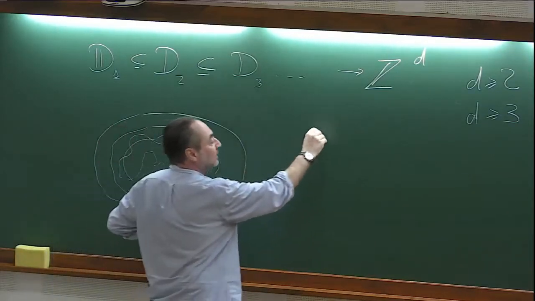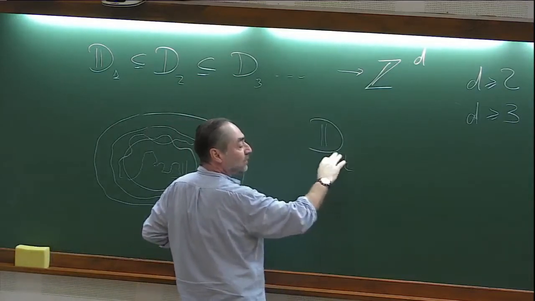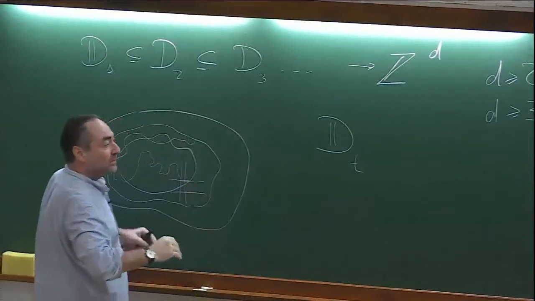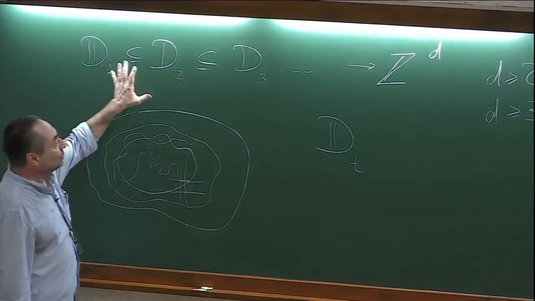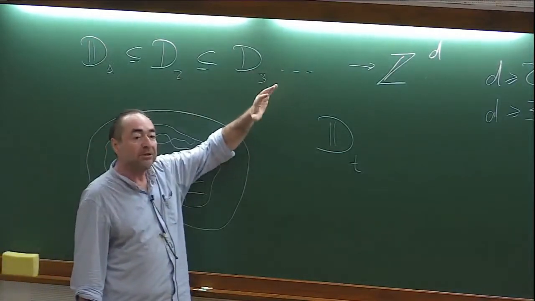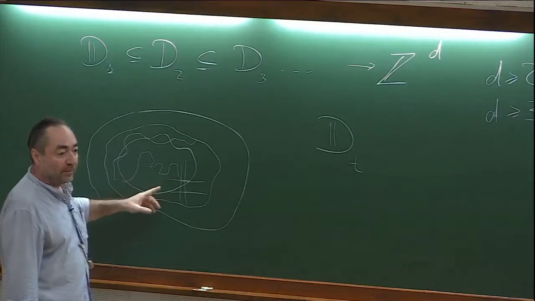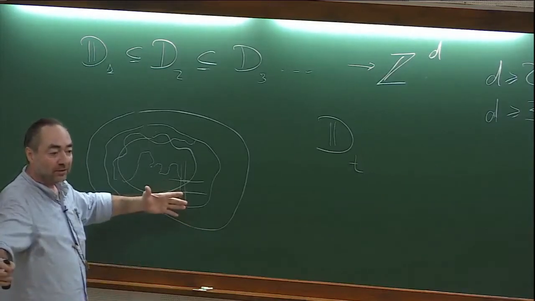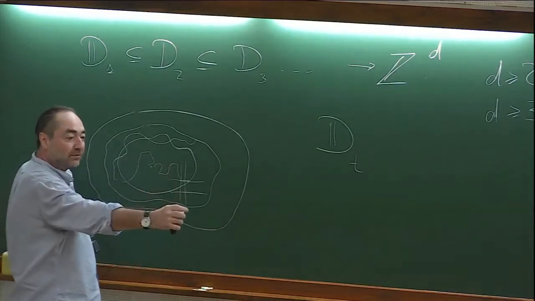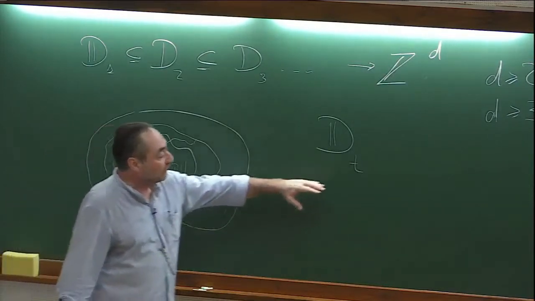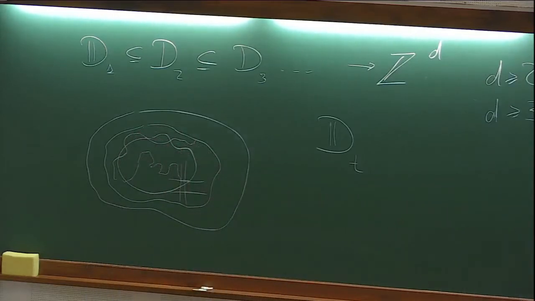We can have the continuous situation where D_t evolves continuously, but what is important at this step is that the evolution of these domains, no matter if discrete or continuous, is independent of the walk. They are just growing in their own way, and the random walk is living in this randomly changing environment. It could be some function.